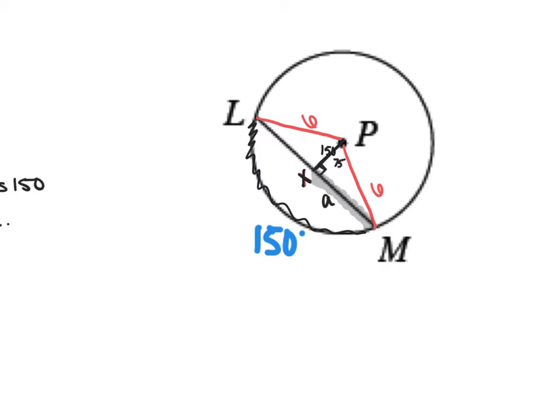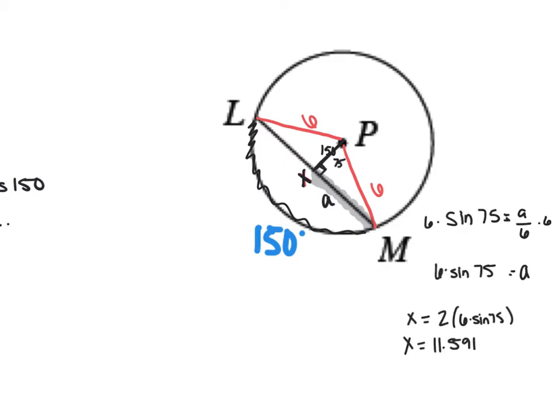Now I still want to find X, but in this case I'm just going to find this highlighted portion first here that I've labeled A, and then double it to find X. And I'm just going to use sine to set that up. Either method works, but I think this one is a little bit faster, maybe more direct, or simplistic in the fact that I can just use some right triangle trig.